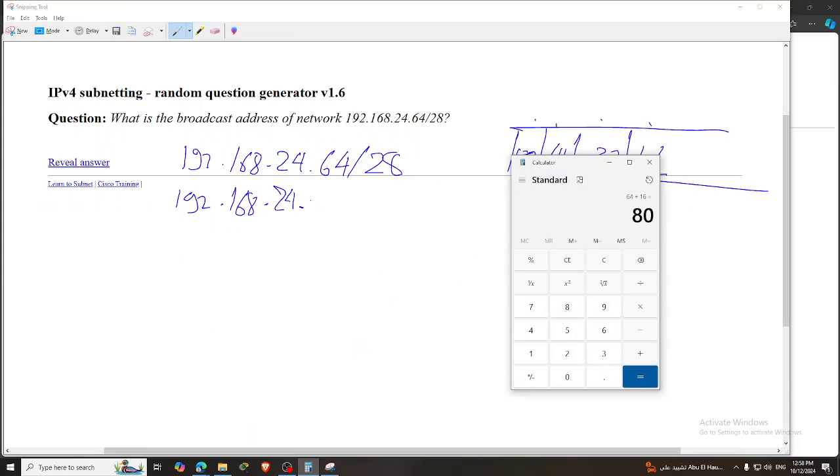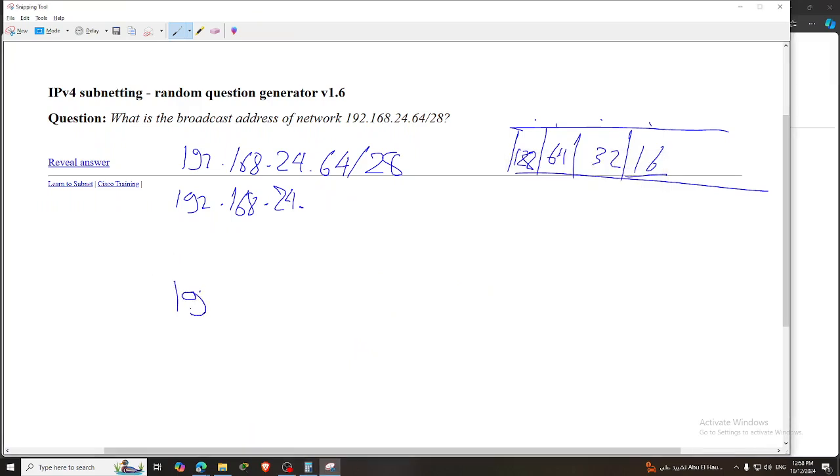This is the next subnet. Actually, if I wrote it like here, the next subnet is 192.168.24.80/28. To be able to know the broadcast address, we only need to get back one step.